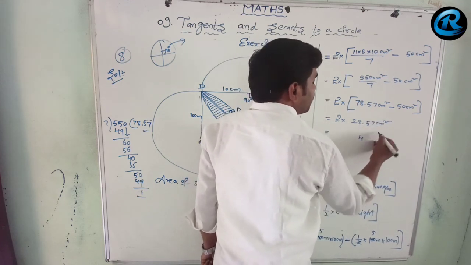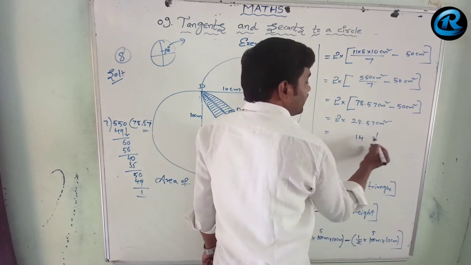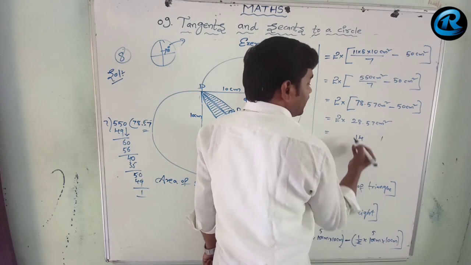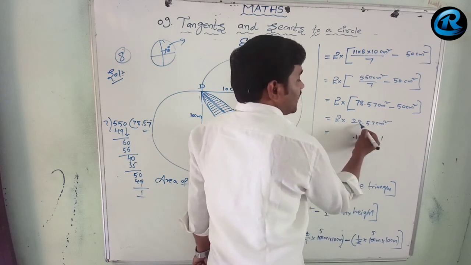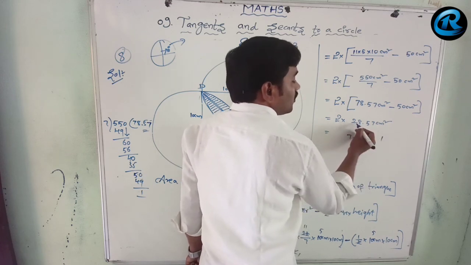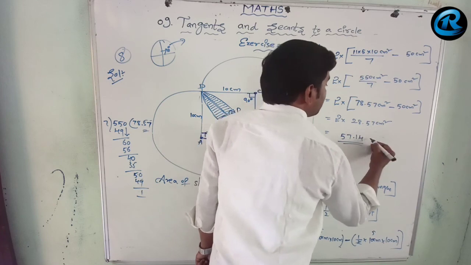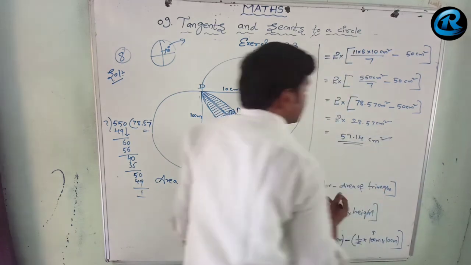2 7s are 14, 1 carry. 2 5s are 10 plus 1 is 11, 1 carry. 2 8s are 16 plus 1 is 17, 1 carry. 2 2s are 4 plus 1 is 5, that is 57.14 centimeter squared.